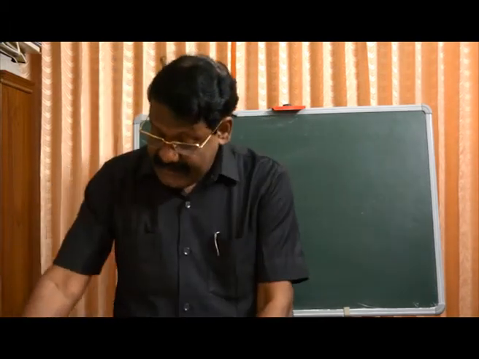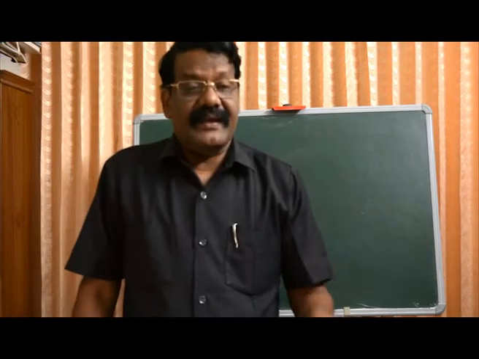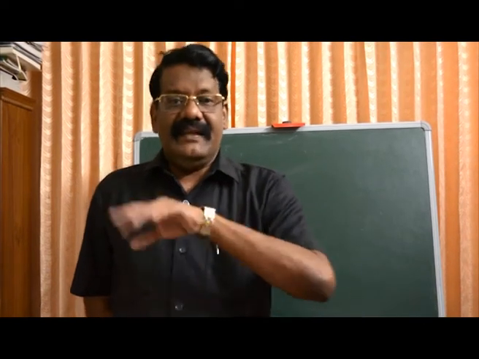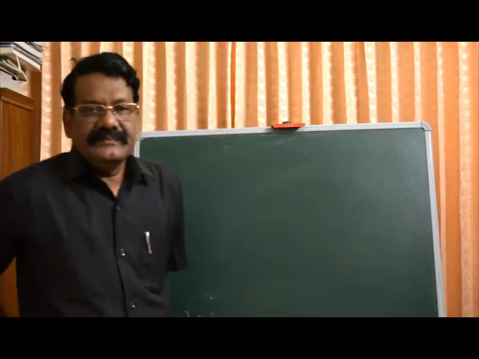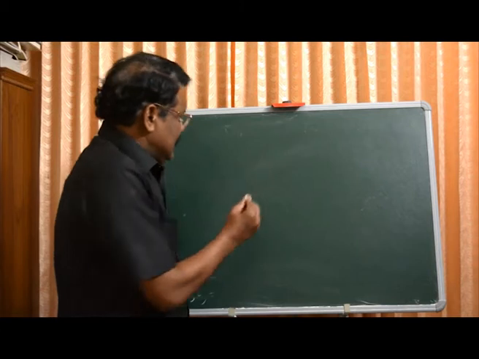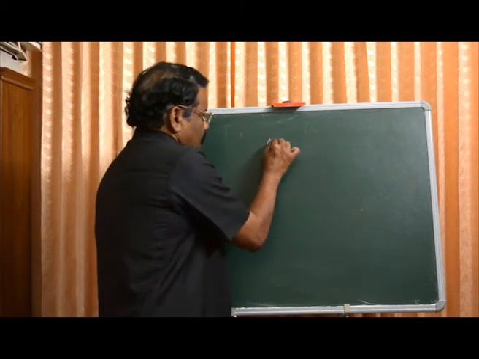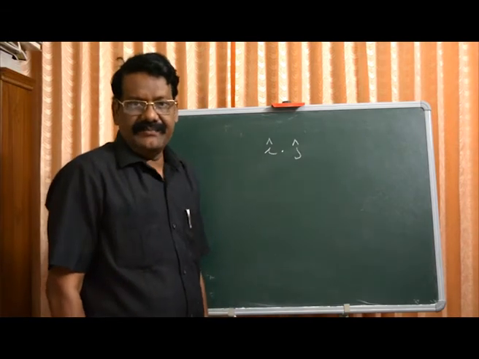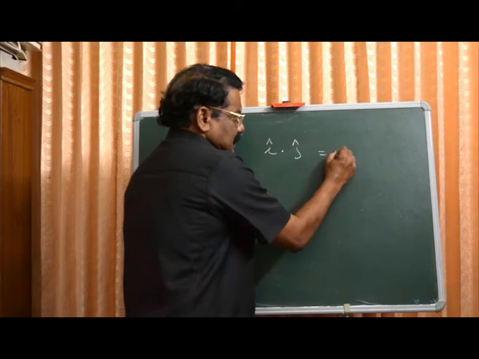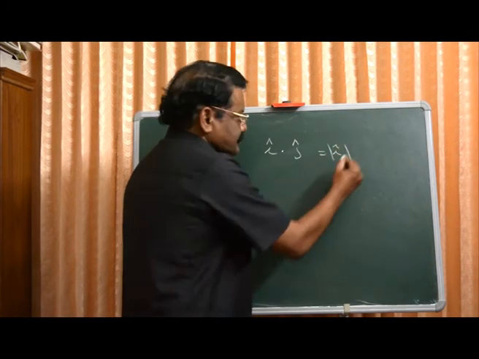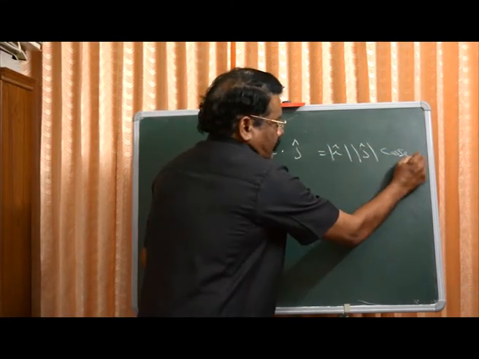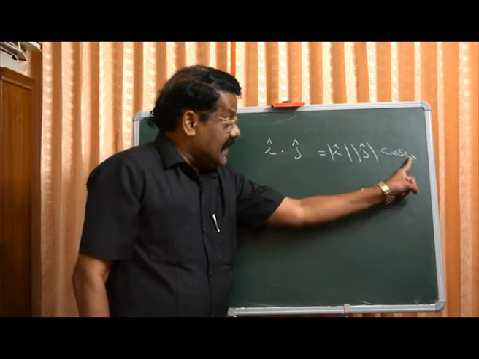Another mathematical tool that we should be familiar with is the Kronecker delta symbol. What is actually the Kronecker delta symbol? Let me explain this. Consider i dot j. We know that i dot j is equal to mod i mod j into cos theta, where theta is the angle between i and j.